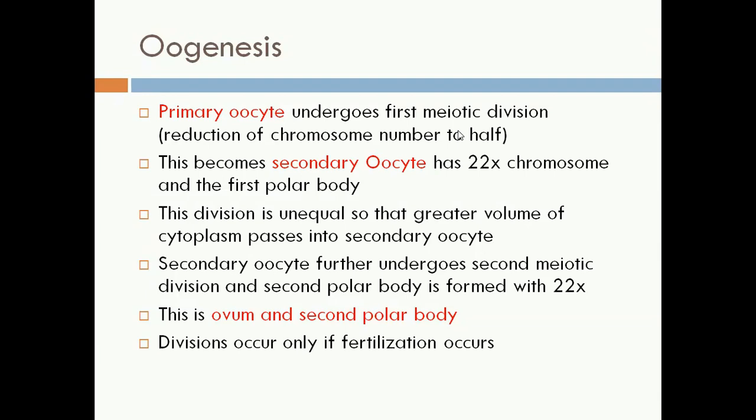Now let's talk about oogenesis, how the ovum is formed and how it receives the chromosomes. So the primary oocyte undergoes the first meiotic division, or the reduction of chromosomes to half their number. Both the male and the female gametes are fertile pronuclei, and they usually contain 23 chromosomes only.